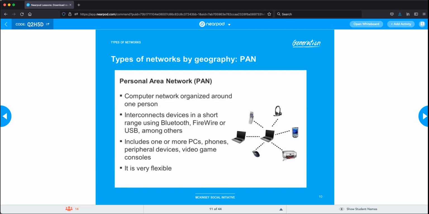When you go to hotspot, I feel like you're heightening that technology and you're getting a little bit outside of what we want you to understand with this. So try to temper it in the PAN.